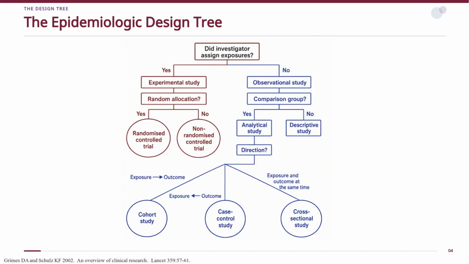If we begin with an exposure and then look for the outcome, the design is a cohort study. If we begin with the outcome and then look backward to determine previous exposure, the design is a case-control study. Finally, if exposure and outcome are measured at the same time, the design is a cross-sectional study.